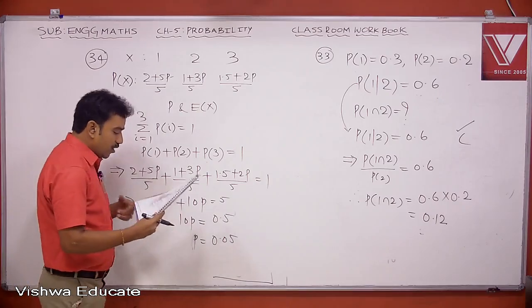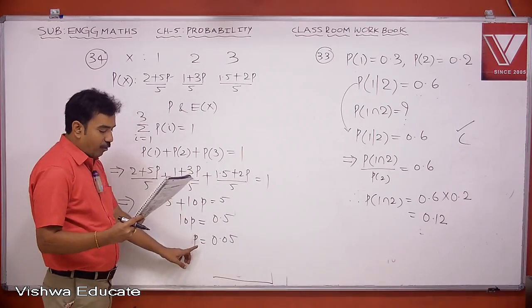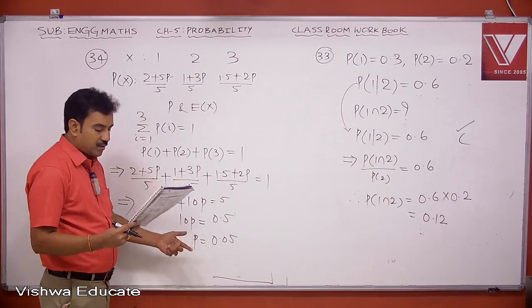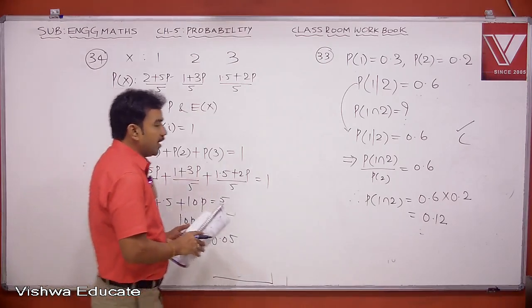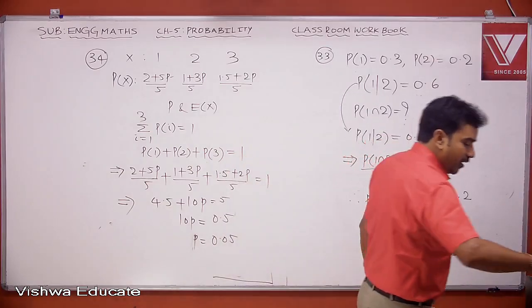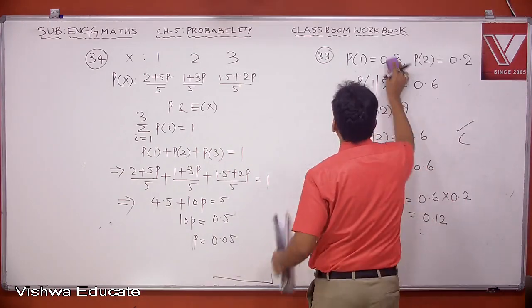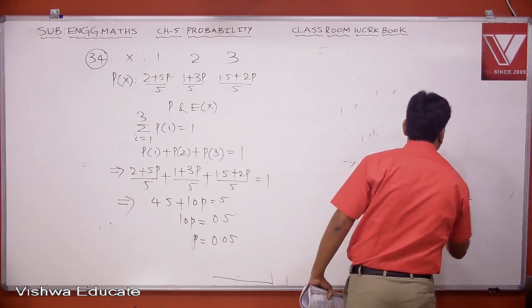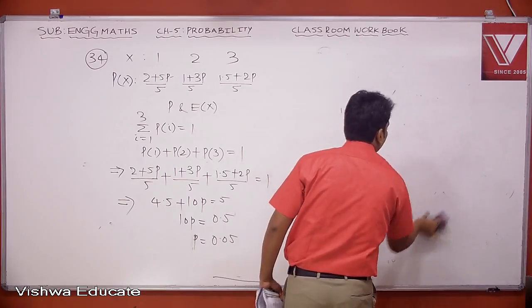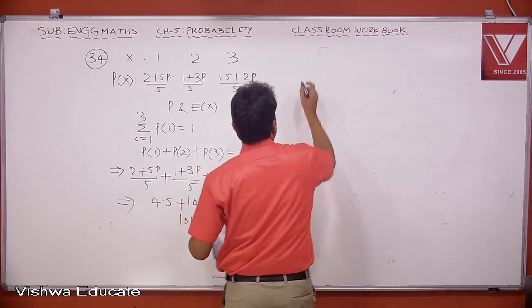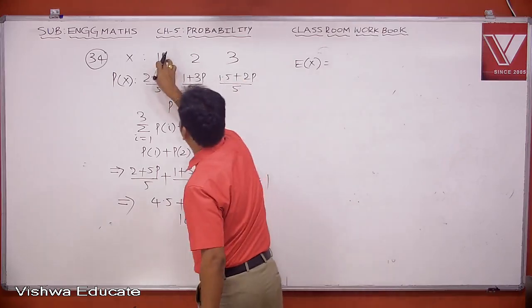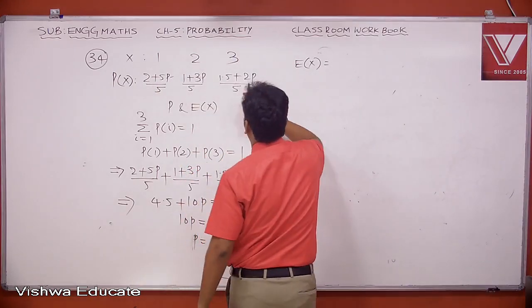Now we have two different options with this p value 0.05. So the answer can be either A or C. Now let us find the expectation of x. Here E of x equal to 1 into this plus 2 times this plus 3 into this.